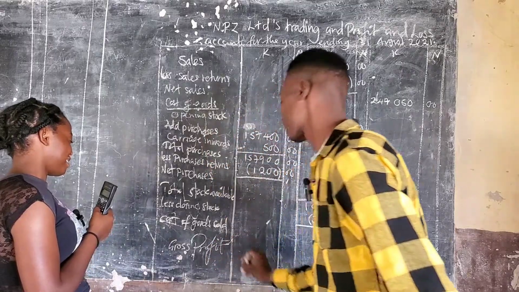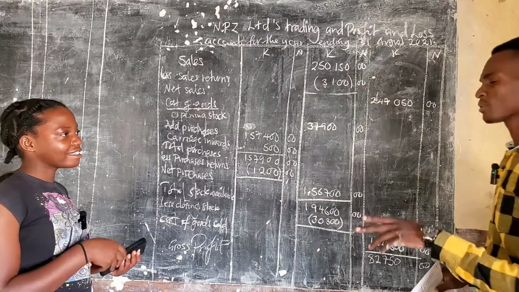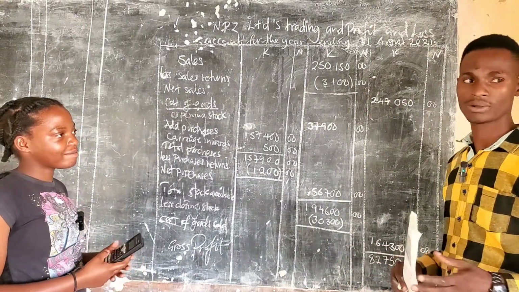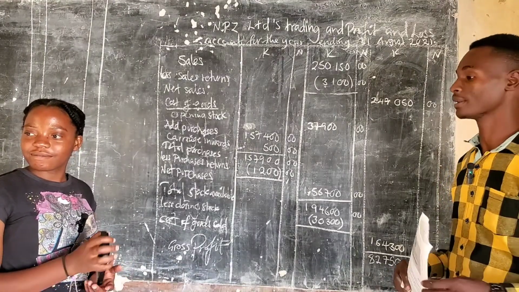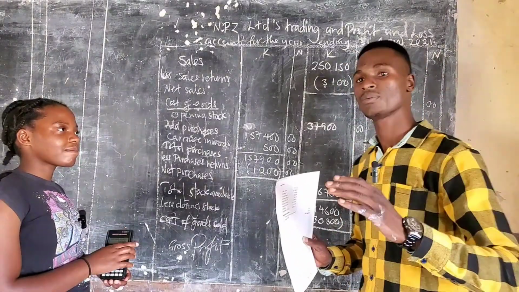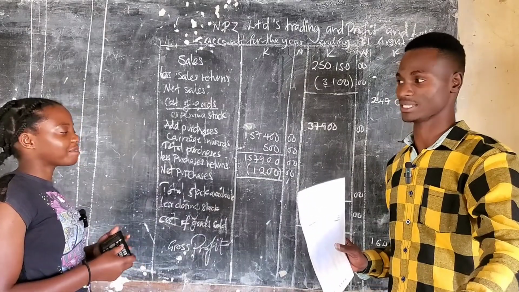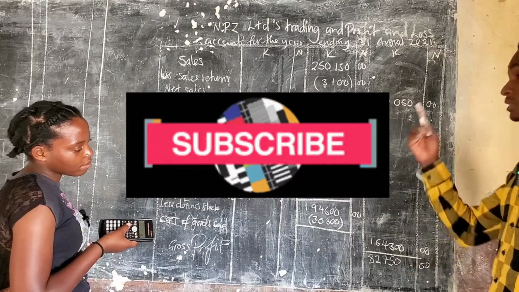But sir, how come gross profit, not net profit? Who can answer her question? Okay, so it is gross profit because we haven't yet subtracted the expenses. So this is gross profit and this is the end of the trading account.